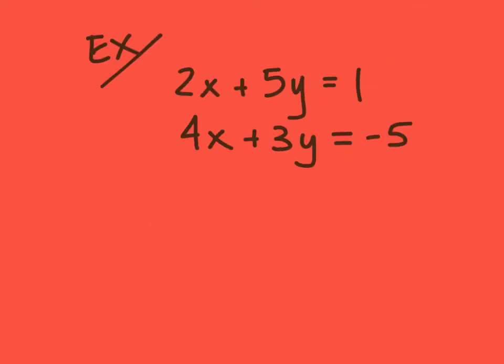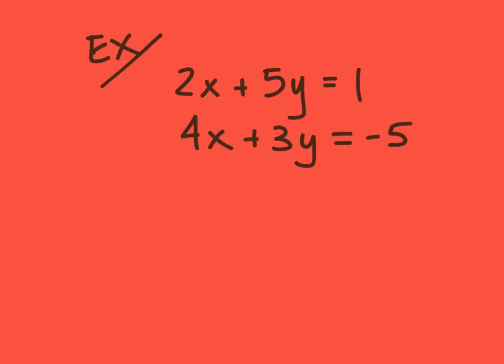In this example, both of these equations are in standard form, meaning that x and y are on the same side of the equal sign, and I'm looking for opposite coefficients. And I don't have that. I have a 2 and a 4, 5 and a 3. So what I want to do is create opposite coefficients.